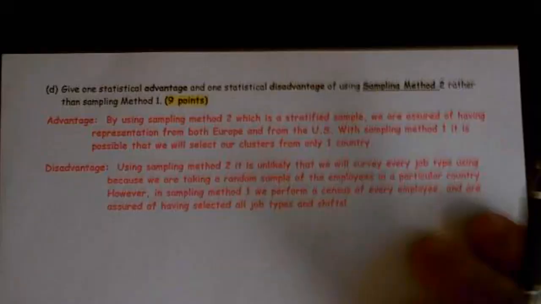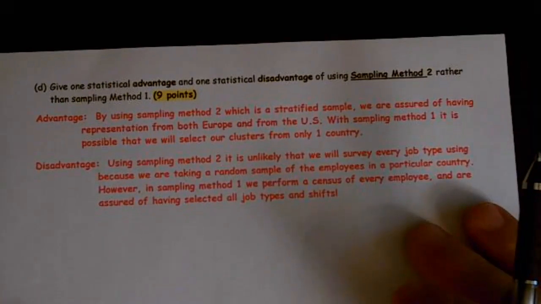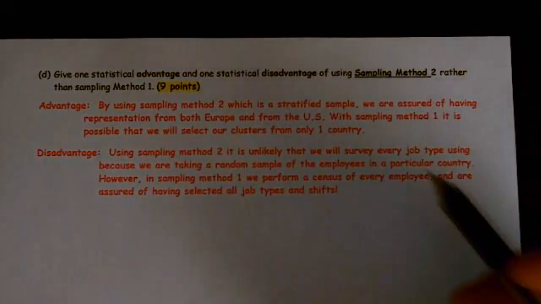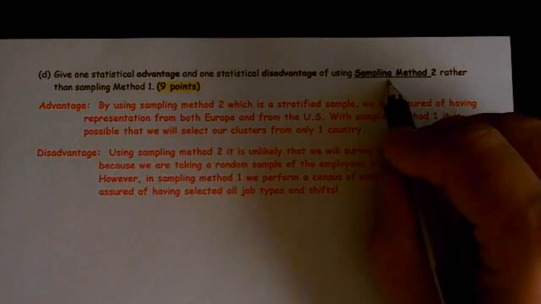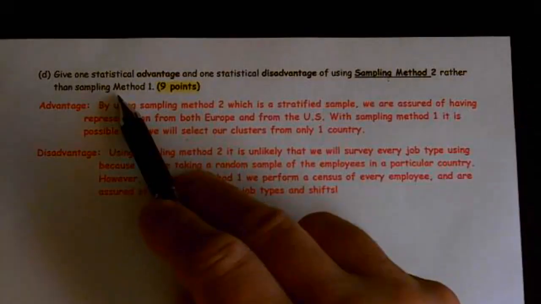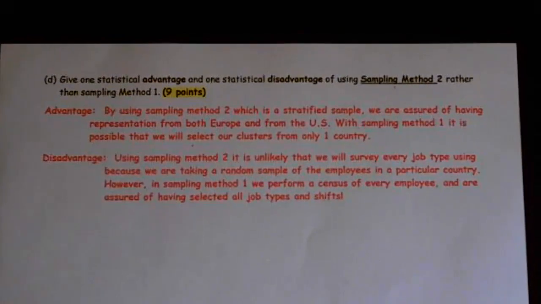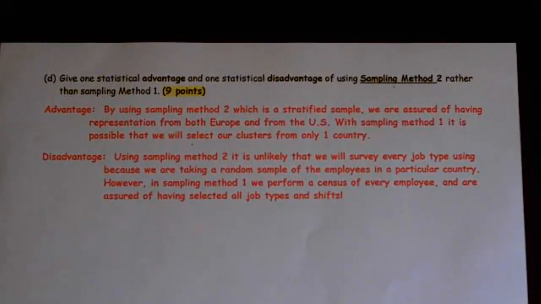Finally, give one statistical advantage and one statistical disadvantage of using sampling method 2 rather than sampling method 1. Well, remember, this is my stratified and this is my cluster. Advantage: by using sampling method 2, which is stratified, we are assured of having representation from both Europe and the US.